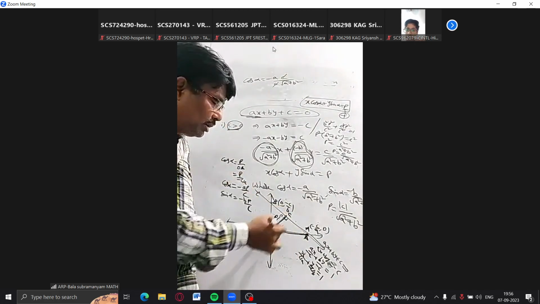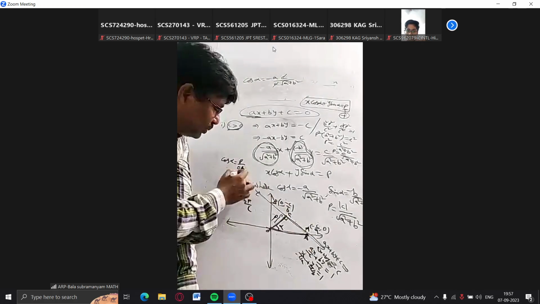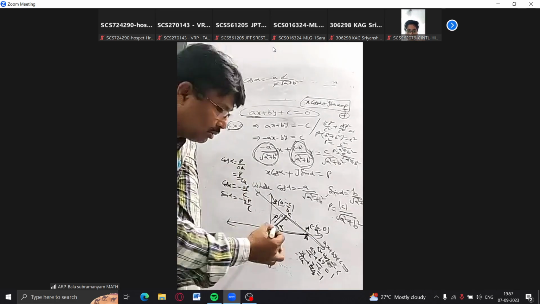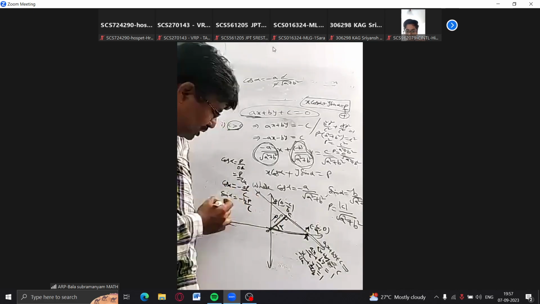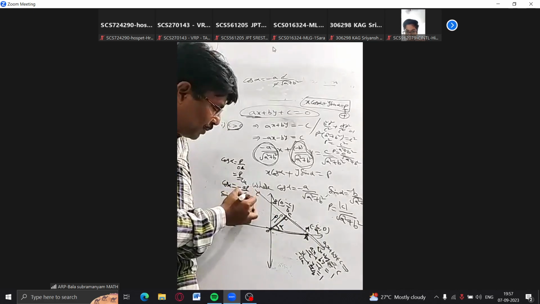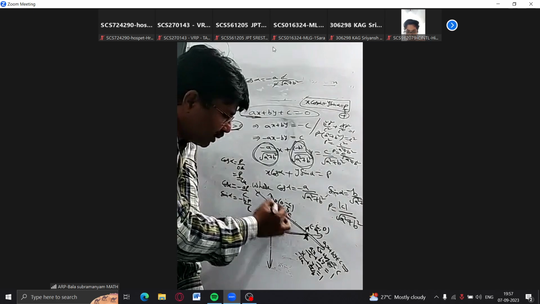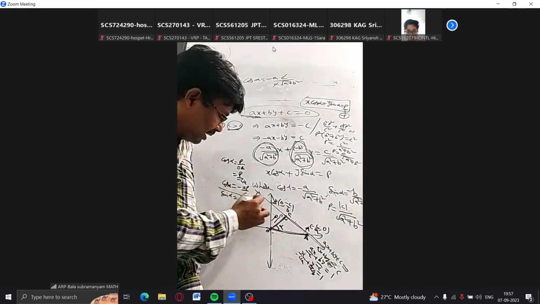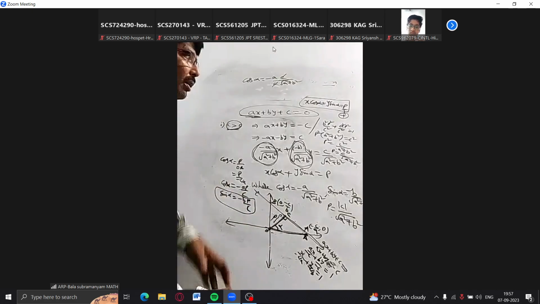OC is the distance from origin to the line, that is P. X intercept is minus C by A. So cos alpha is equal to minus AP by C. Similarly, we can use triangle OCB, from the triangle sin alpha is minus BP by C.